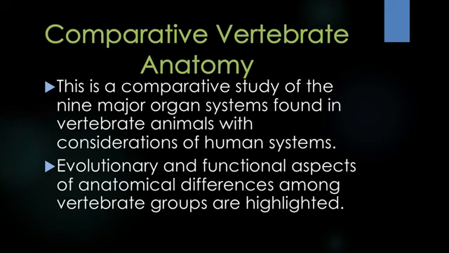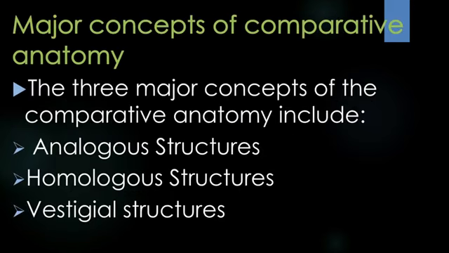There are some terms that you must not forget as far as comparative anatomy is concerned. That leads me to the major concepts of comparative anatomy. The 3 major concepts of comparative anatomy are the analogous structures, homologous structures, and vestigial structures.